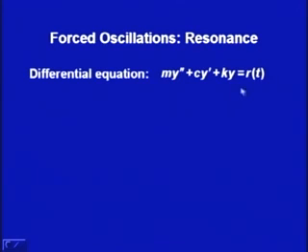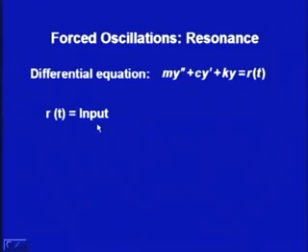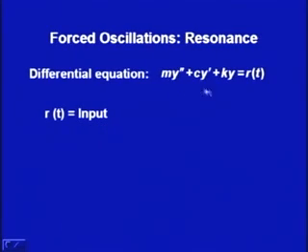Now, this motion is governed by one force called r(t), that is, now we have a non-homogeneous equation m y double dash plus c y dash plus k y is equal to r(t). This r(t), which is governing this motion, is called input, and the solution of this equation, y, would be called output.